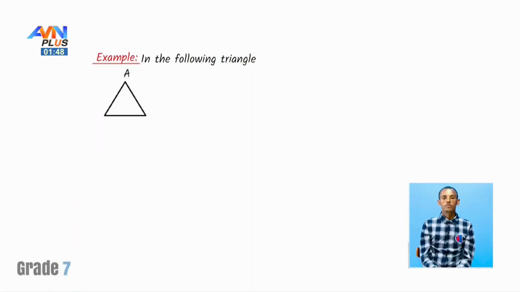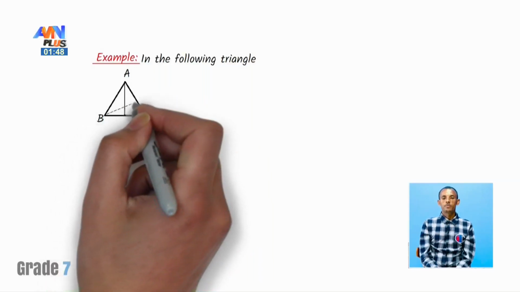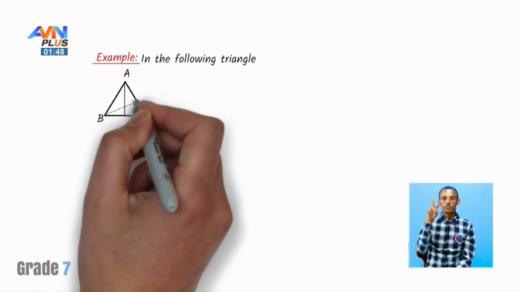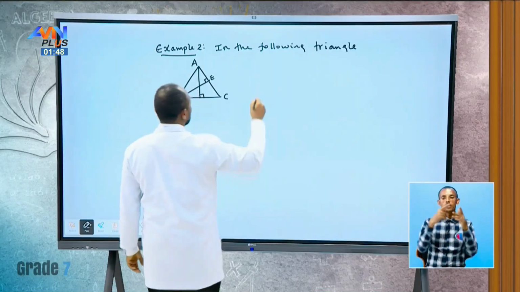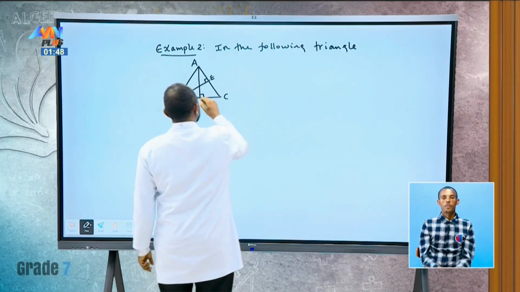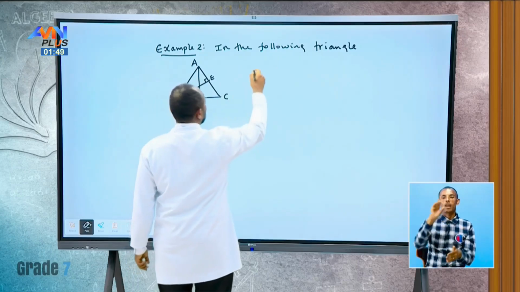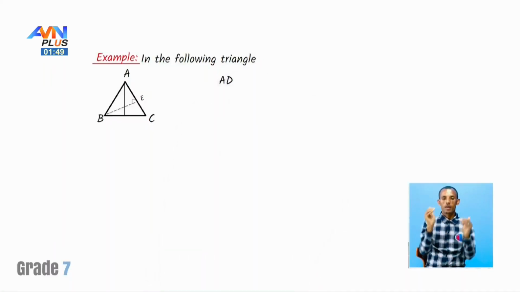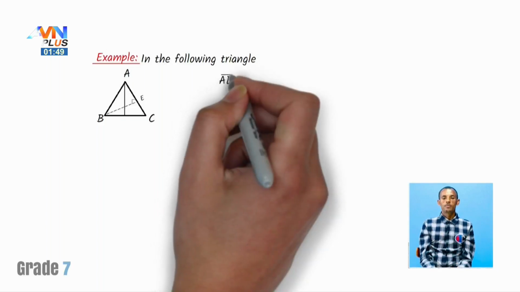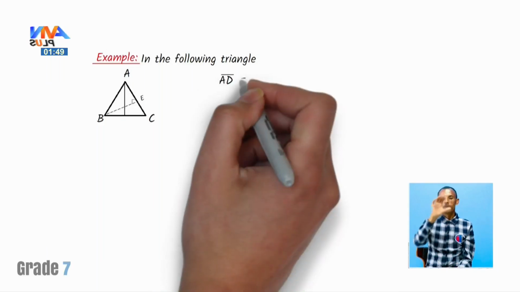Assume it is A, B, C. Assume this to be E. In the following triangle, this one is D. AD is equal to 5 centimeter.